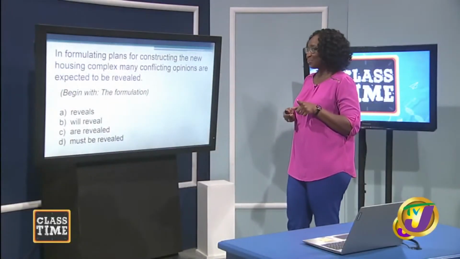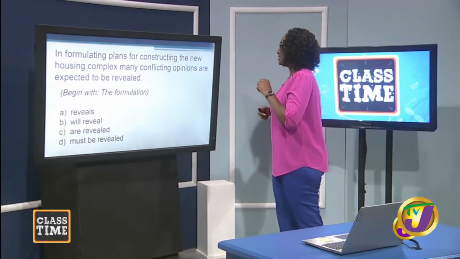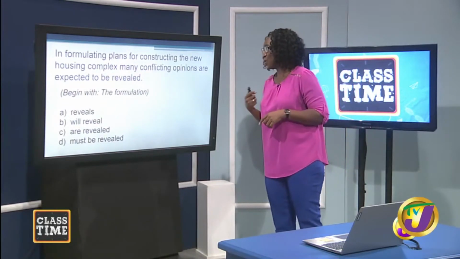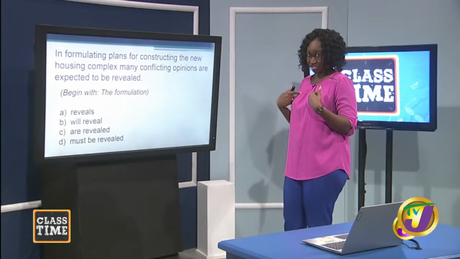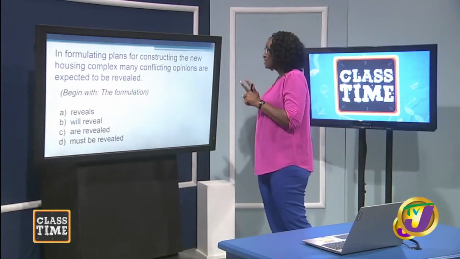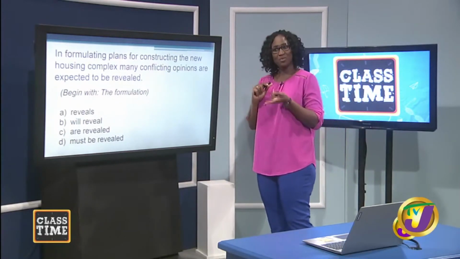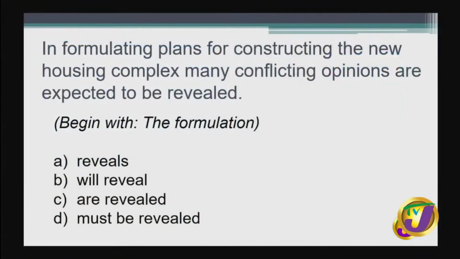Now look at this one. In formulating plans for constructing the new housing complex, and we're doing construction shift, conflicting opinions are expected to be revealed. So in formulating plans for constructing the new housing complex, many conflicting opinions are expected to be revealed. And you're going to start with the formulation. So instead of saying in formulating, you're going to start with the formulation.